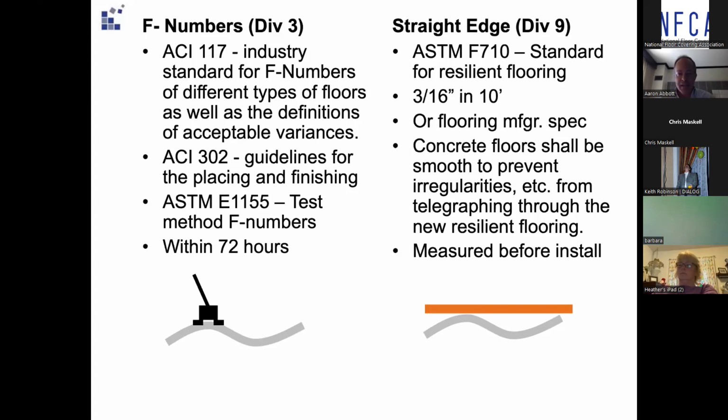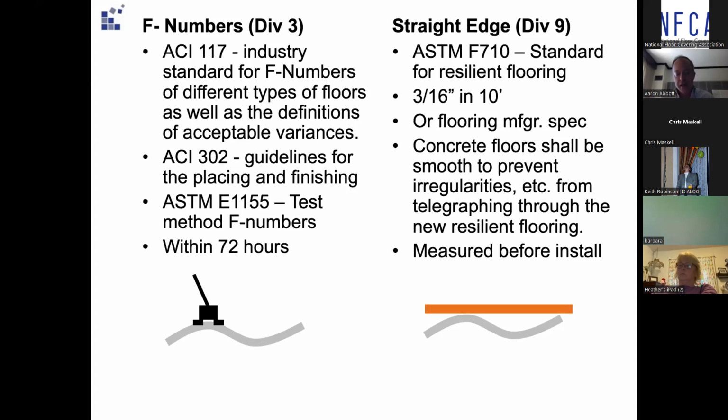In general, concrete floors also have to be smooth to prevent irregularities from coming up and making the aesthetic of the floor goods bad. And they're measured before installation. This is an important point, comparing these last bullet points.